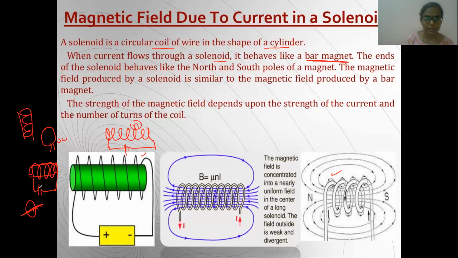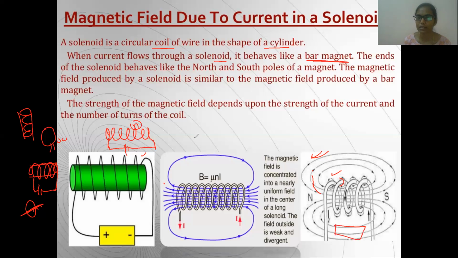If you take a number of loops, all the magnetic field appears to come from one end, the north, and they merge at the other end. This is the figure of a current carrying solenoid. It is like concentric rings, and they all come to merge from north to south. It is like a bar magnet.